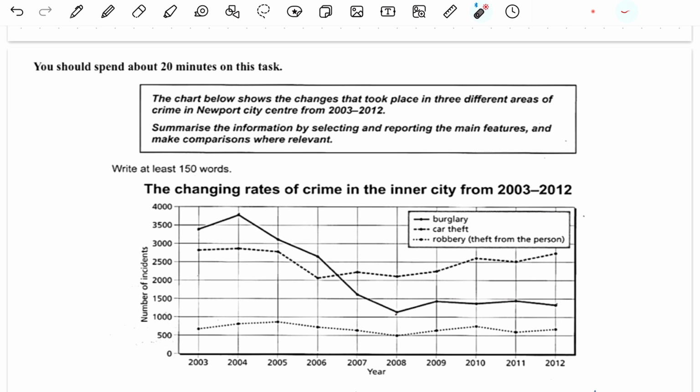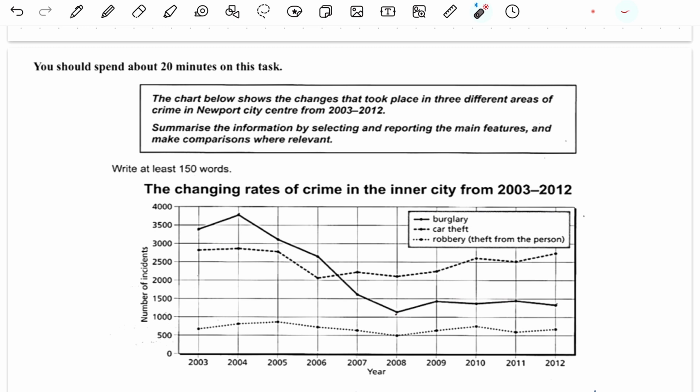Okay, so I hope that you were able to pause the video, analyze the question, and write your main body paragraph. If we look closely at this line chart, we can clearly see that in 2003 the incidents of burglary were just below 3,500, and they rose a bit to about, let's say, 3,800 in 2004.